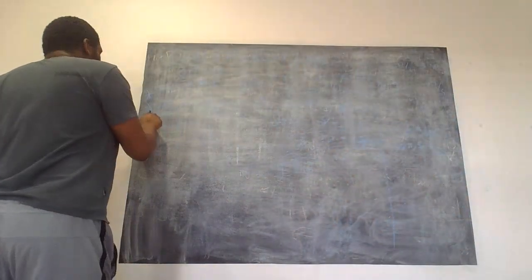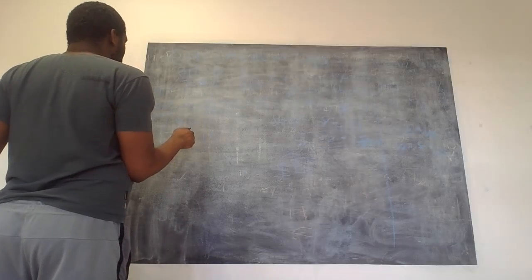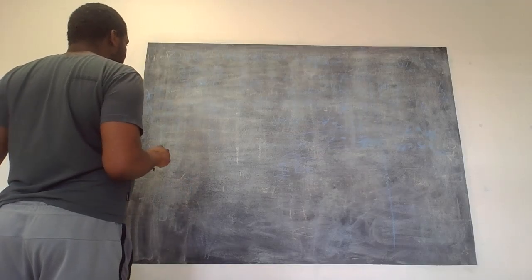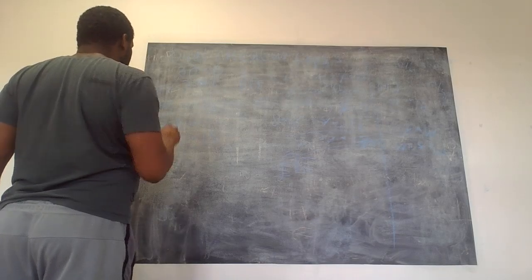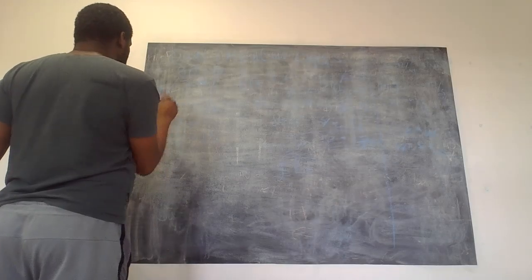So you're gonna get times the power, minus 1 to the power, divided by the power add 1, times the power.